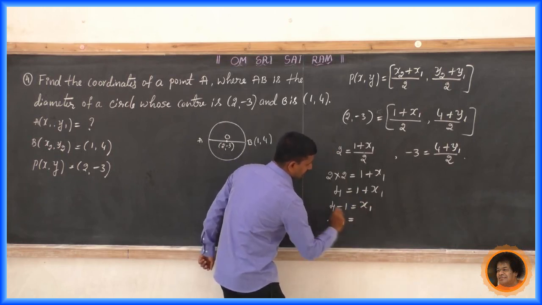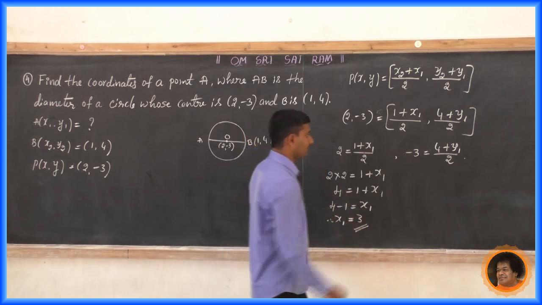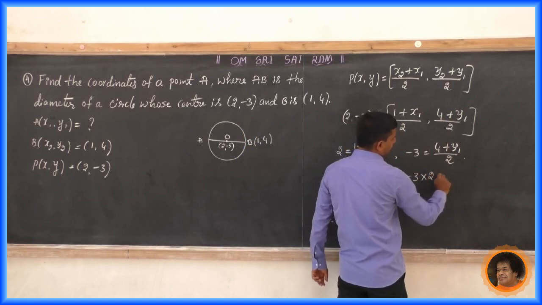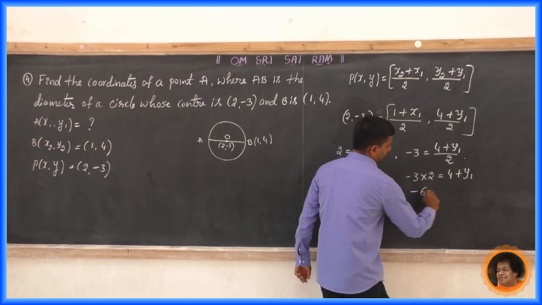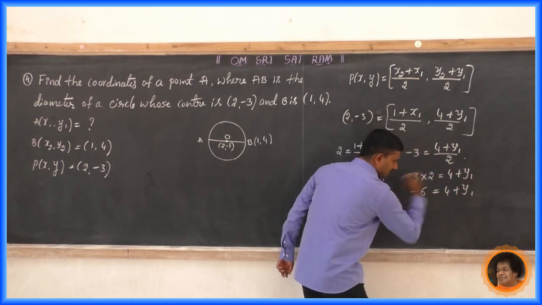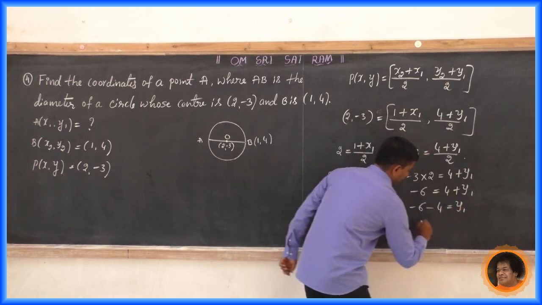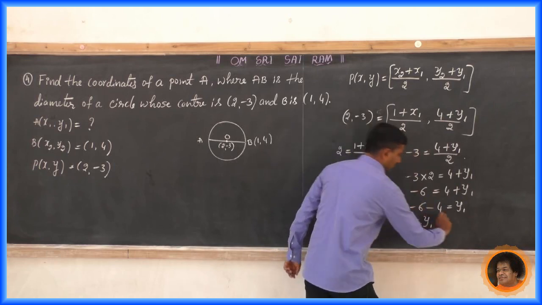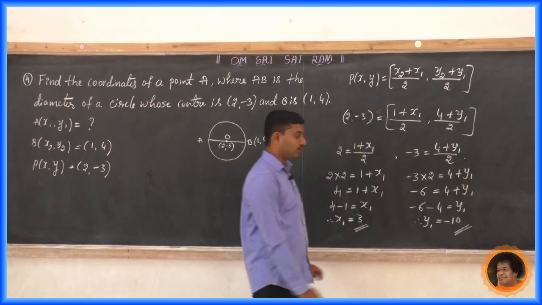Therefore x1 equals 3. Similarly, minus 3 into 2, minus 6, equals 4 plus y1. Transpose plus 4 to the left hand side: minus 6 minus 4 equals y1. Therefore y1 is minus 10.